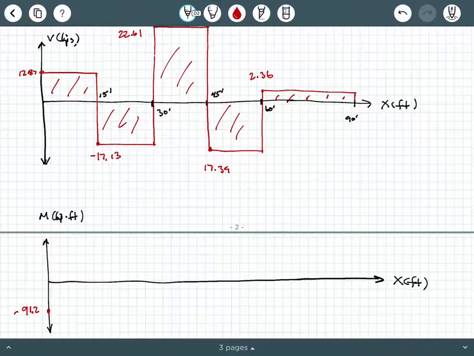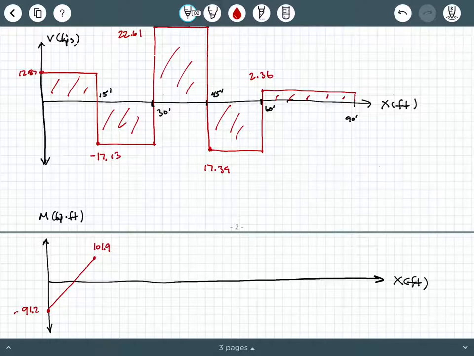So that would be a negative. Then we hit, so we're saying negative 91.2, and we're going to say plus 12.87 times 15 feet. So that actually jumps us way up to 101.9, okay?